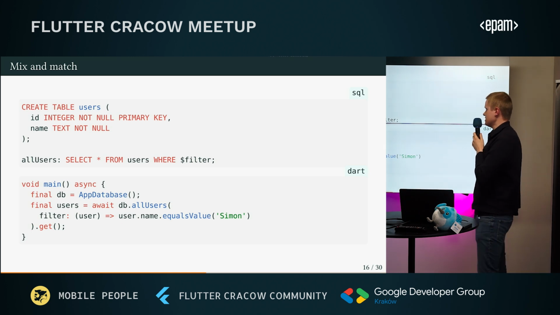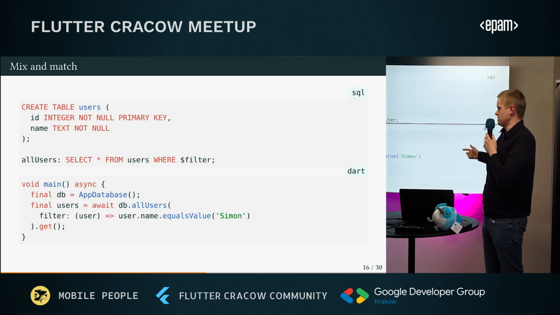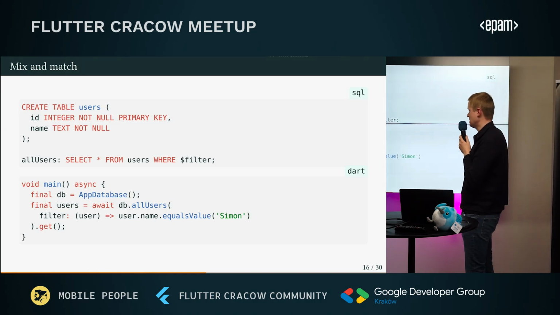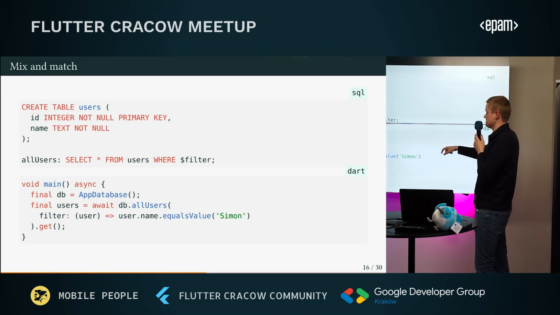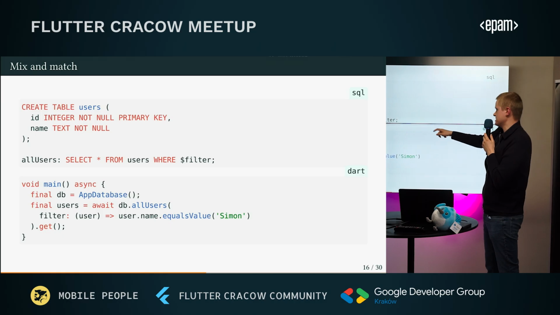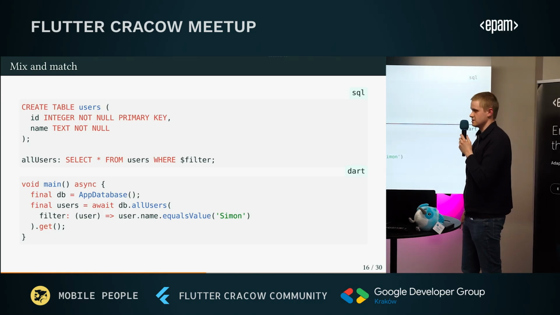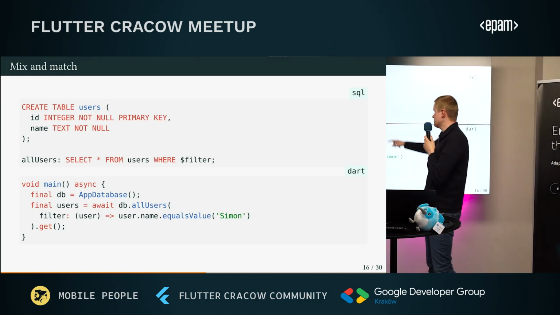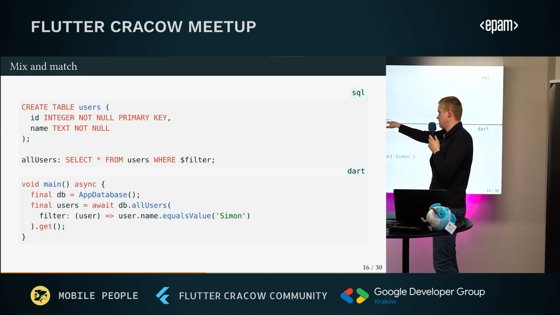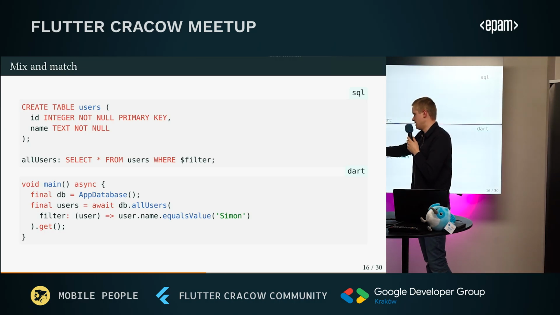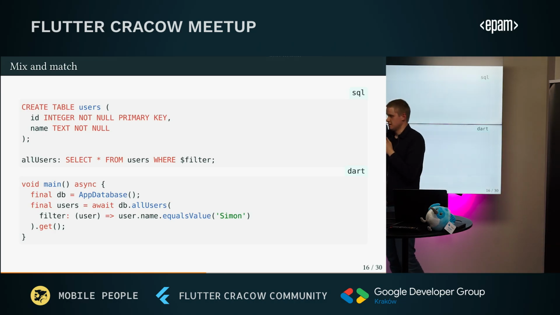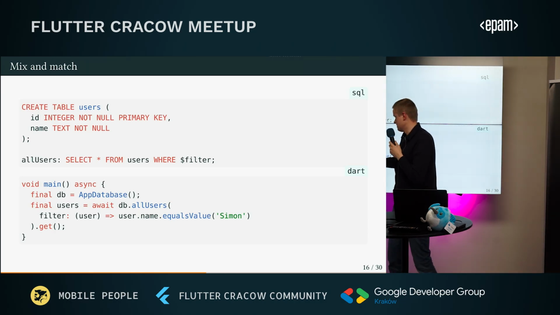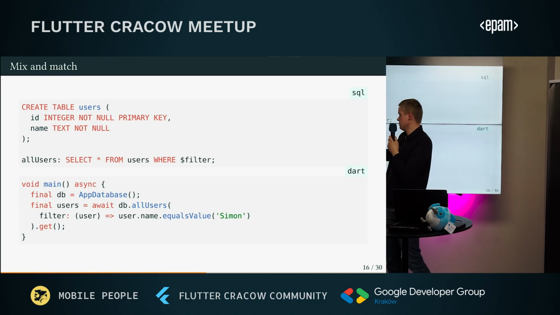And Drift has support for embedding Dart-generated expressions and other things into SQL queries. So if you use this dollar sign-based syntax, then that is a variable that can be instantiated to custom Dart code. So here, for instance, I'm referencing an optional filter. And then if I run the build runner again, I get this method that has a name parameter. The input to that parameter is a callback function, and the inputs to that are all tables that are in scope.